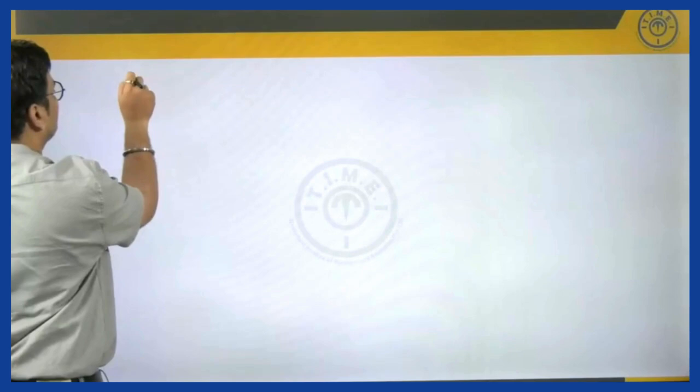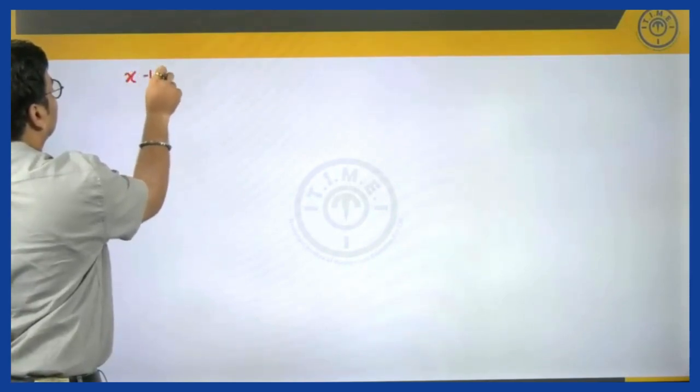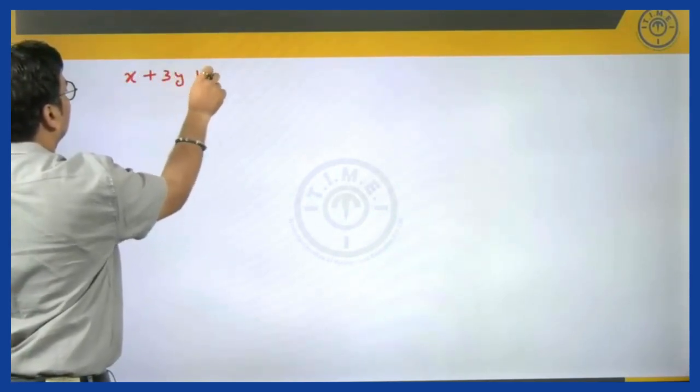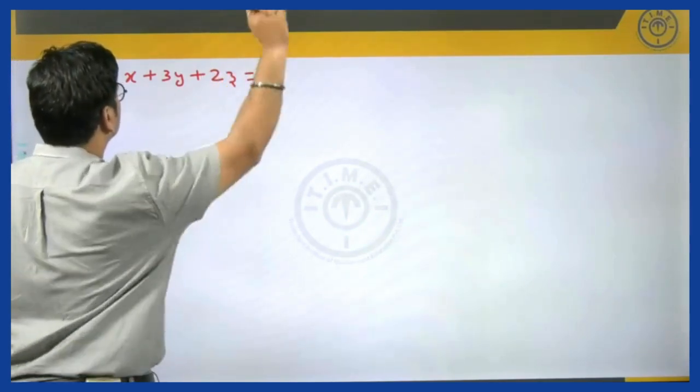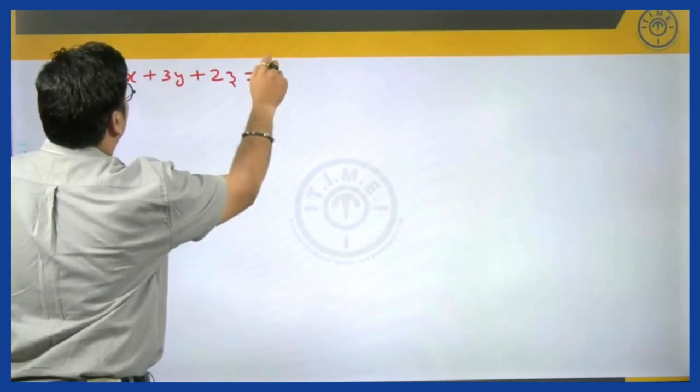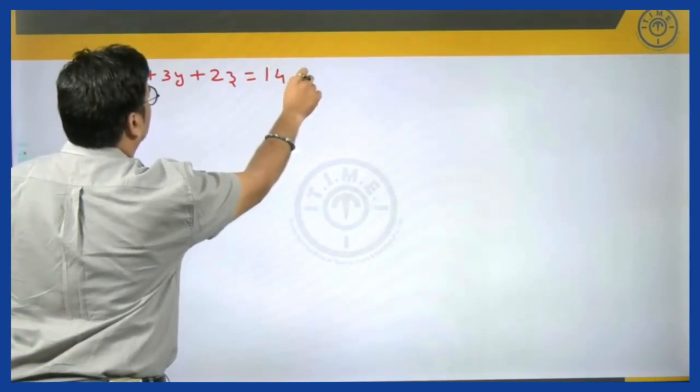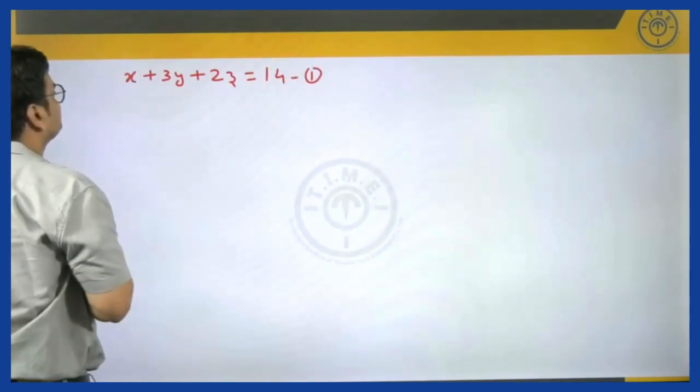Observe the following question. x plus 3y plus 2z is equal to 14, equation 1 given to you.